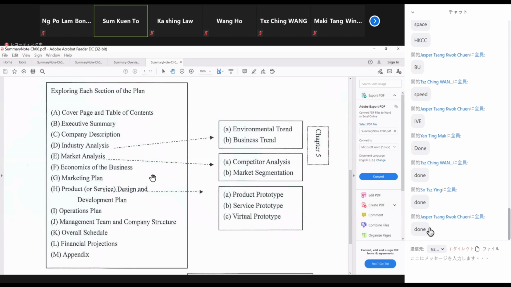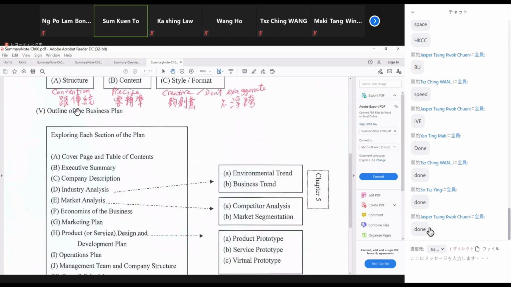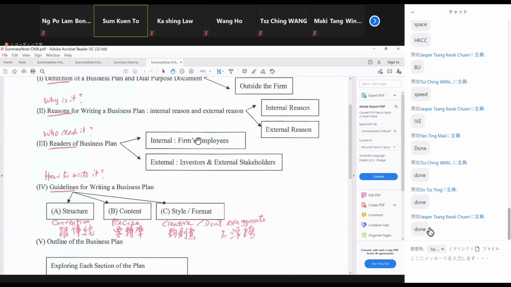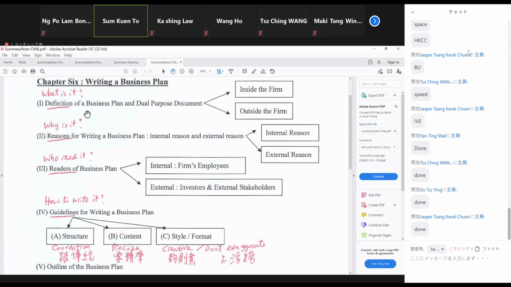But before going into the structure, the outline, let me show you some basic information, a concept. When writing a business plan, what do you need to know? So in chapter 6, we'll cover what, why, who, how. So the typical pattern, we start with the definition.